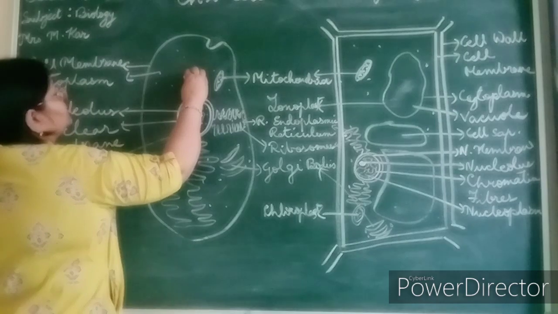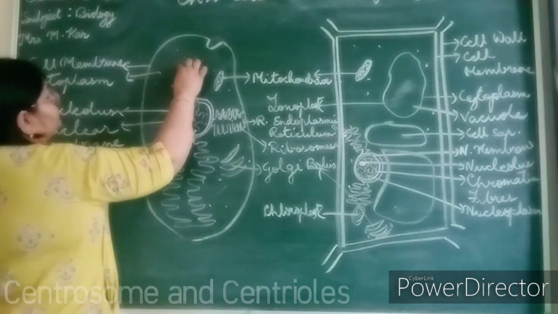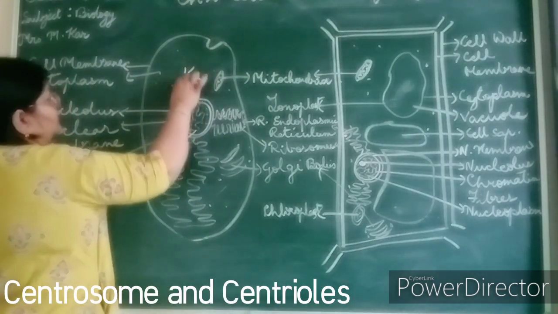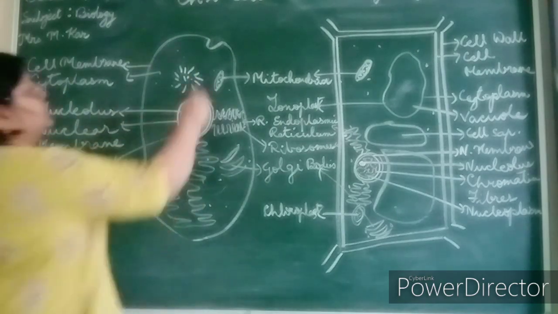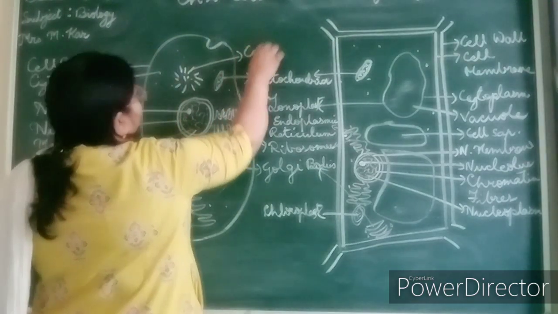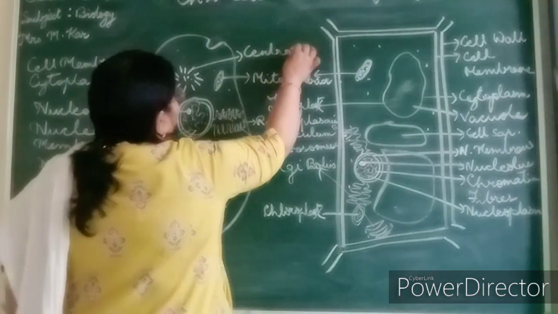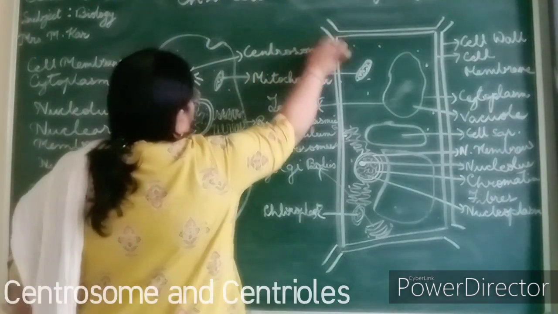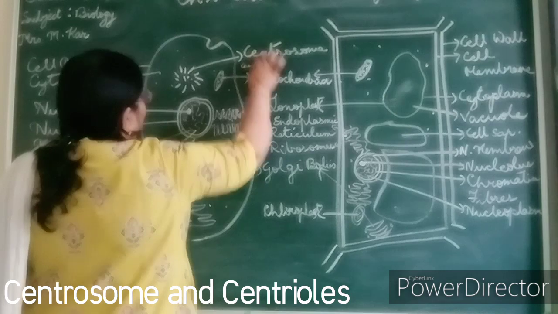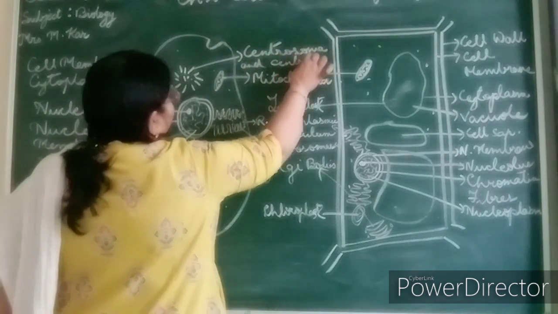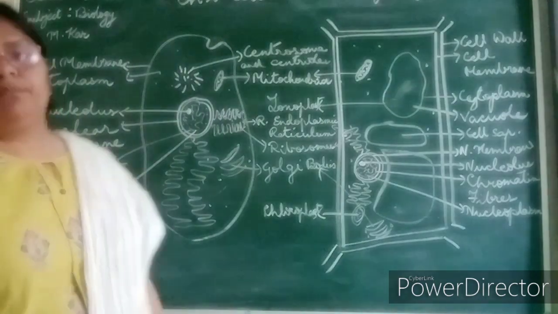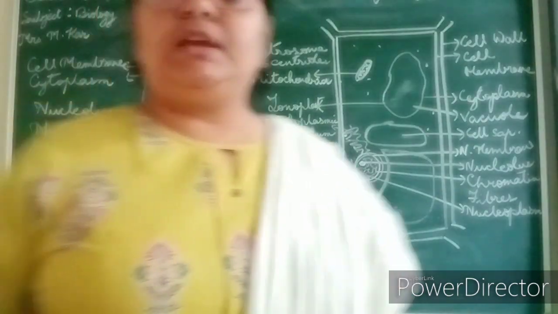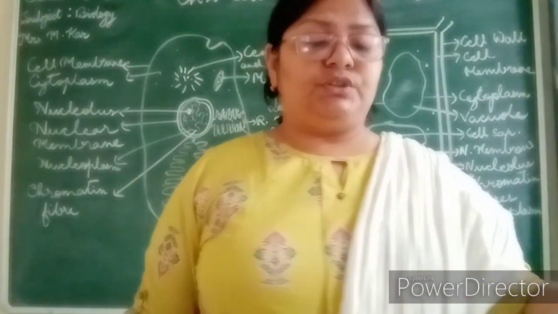The centrioles are at right angles to each other. So this is the centrosome and centrioles, present in a star shape, that initiates cell division.